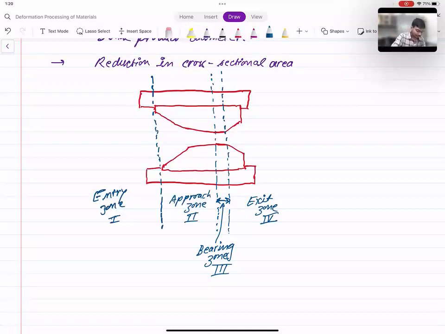Basically, this angle has an important role to play here.